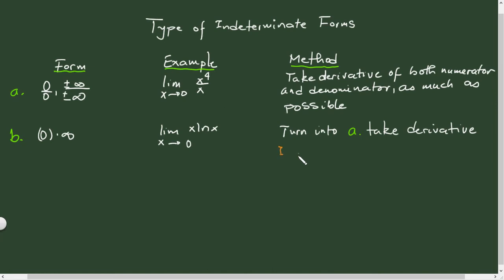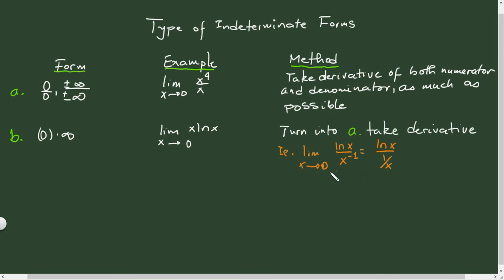What I mean is that we can write this as the limit when x tends to 0, and turn it into log of x divided by x to the power of minus 1. So this is the same thing; I just brought x to the denominator. It is the same as writing log of x divided by 1 over x.